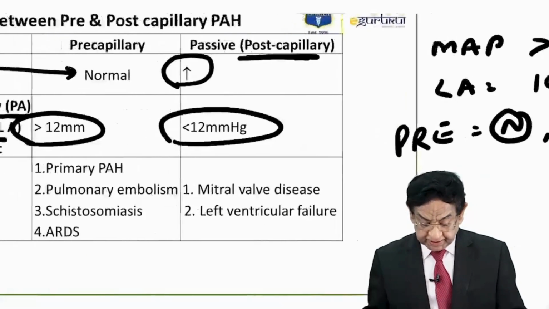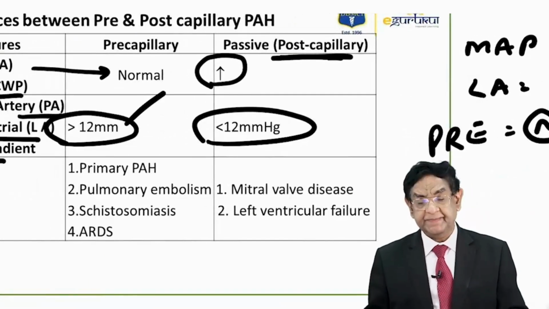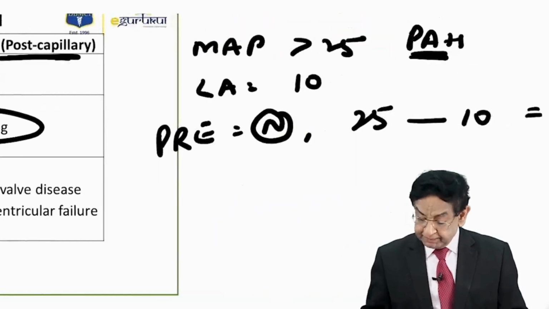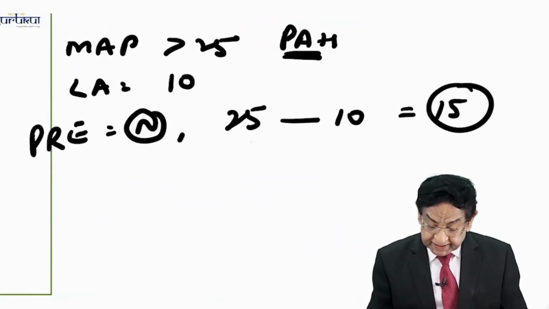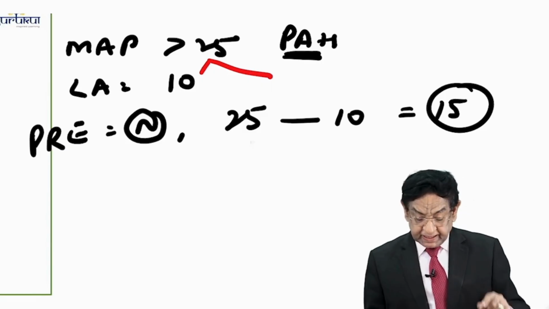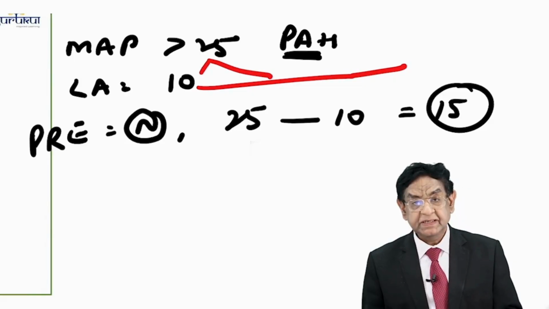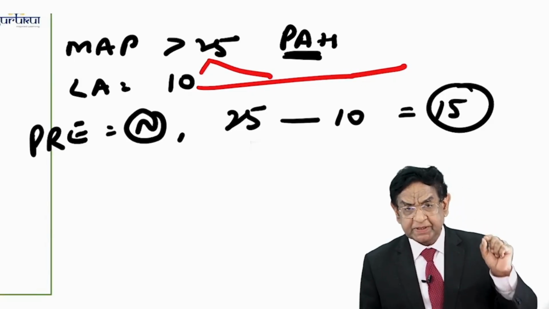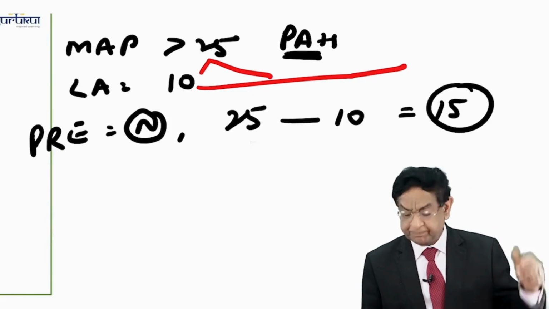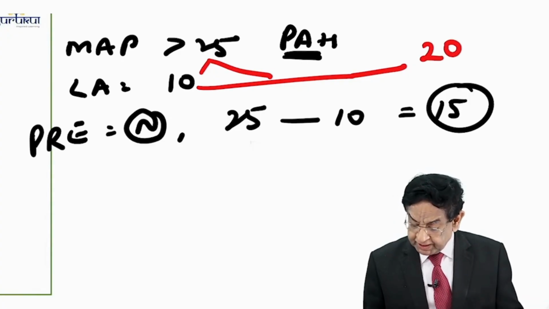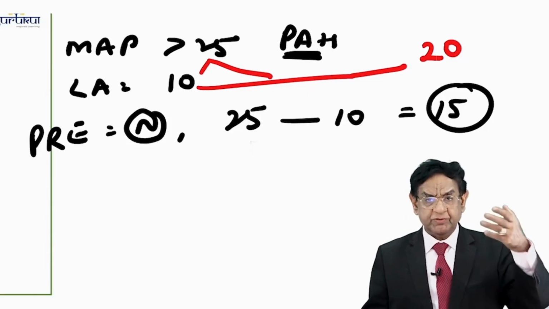And what we are talking about is more than 12, agreed. But in post-capillary, the LA pressure is increased. Remember, normal LA pressure was about 8 to 12. Here the pressure may be even 20 or 22. Let's say 20.